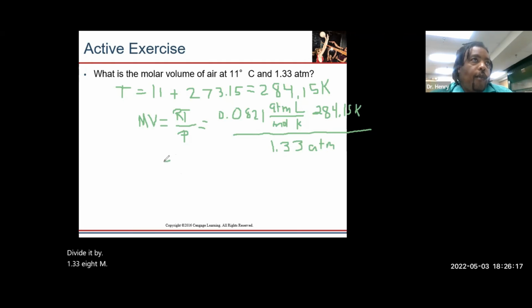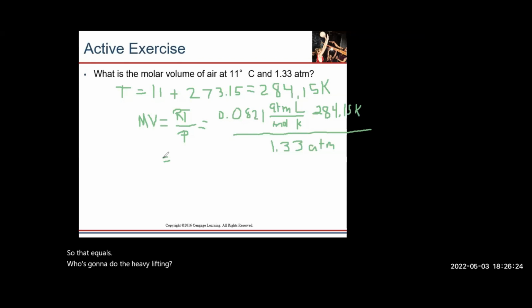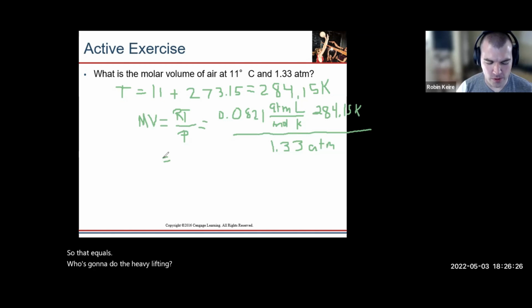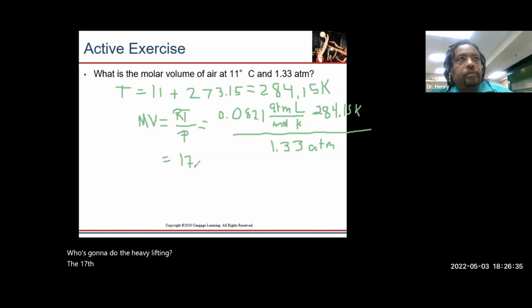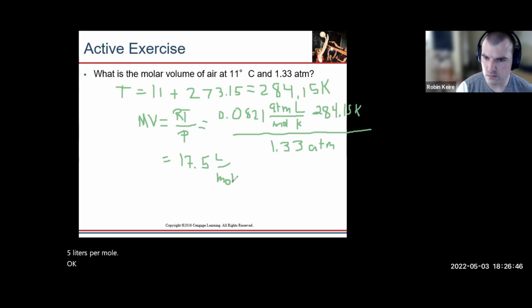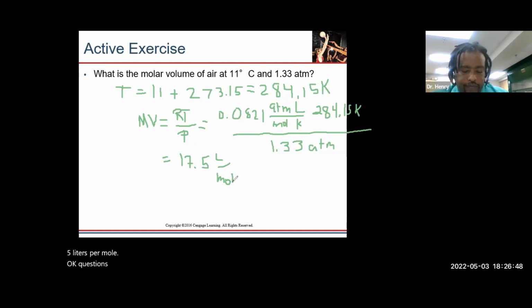So that equals, who's going to do the heavy lifting? You? Me. 17.5 liters per mole. Okay. Questions? Concerns?